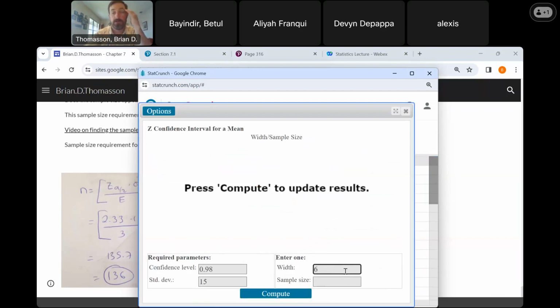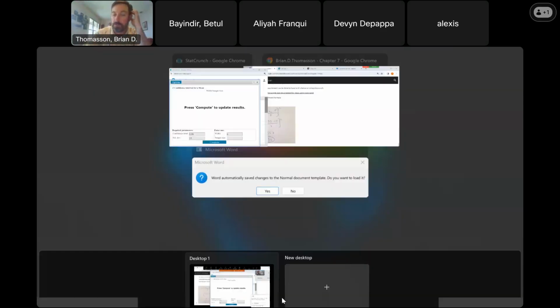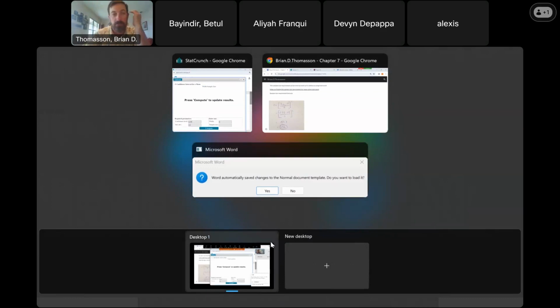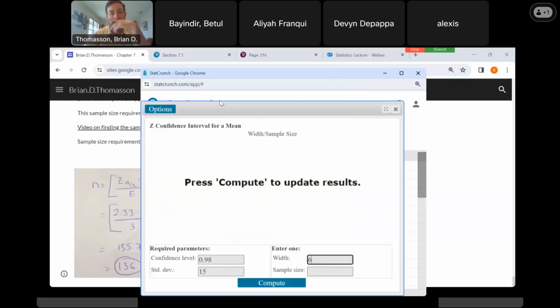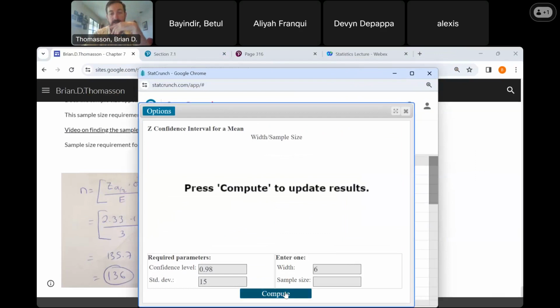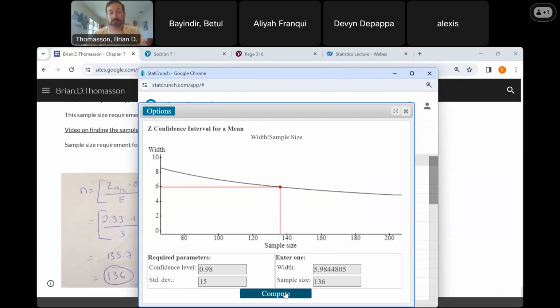They told us our margin of error is 3, so that's from our point estimate to one side of our net and our point estimate to the other side of the net. So they're giving us a radius of 3. We want the diameter of 6. And if we hit the sample size, we get 136, okay, which is what we found before.